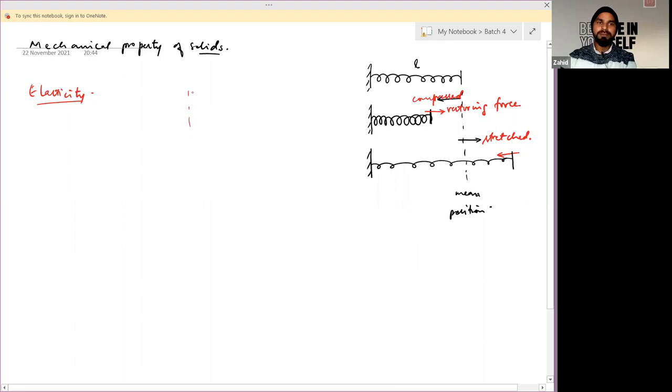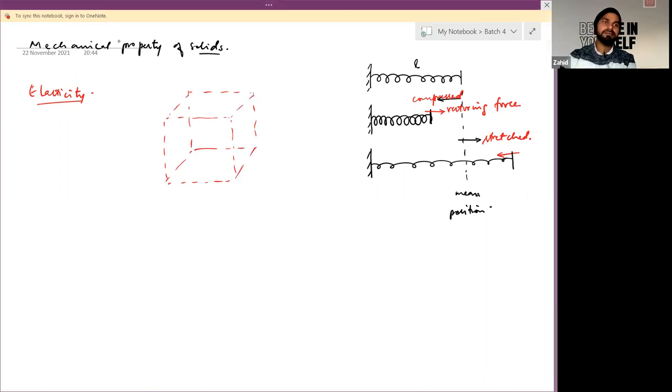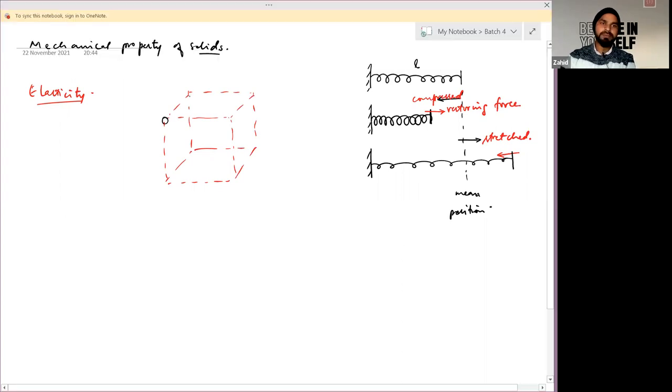Suppose you have solids in which molecules are arranged on the vertices of a cube. Let's say this particle, this particle, and the bond between them behaves as a spring-like structure.